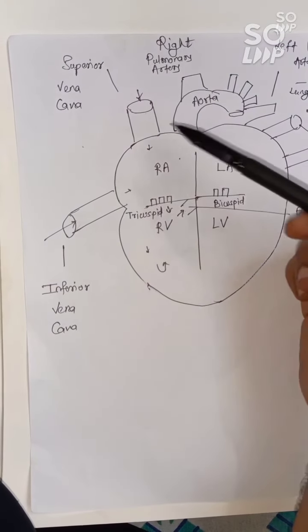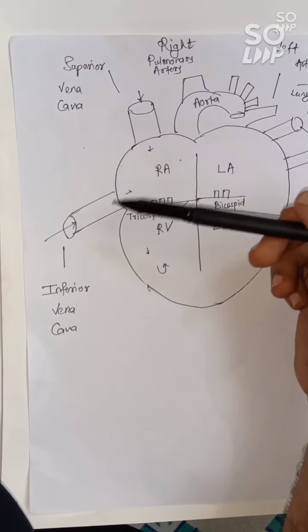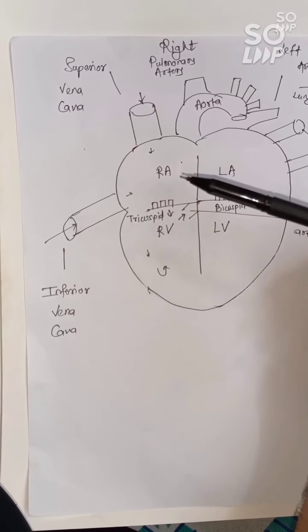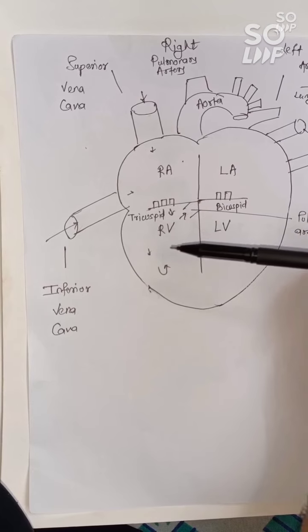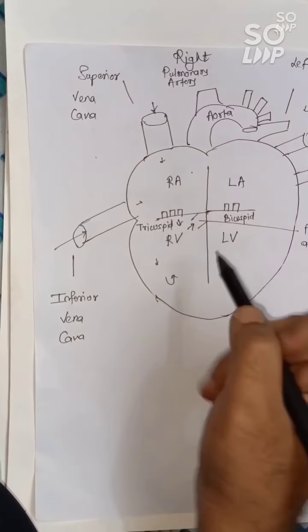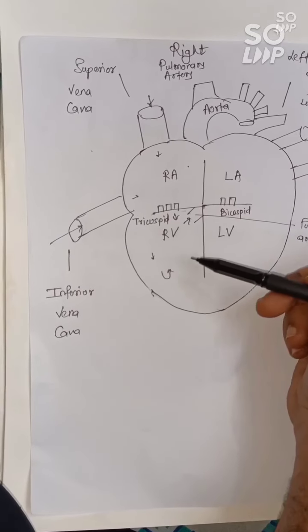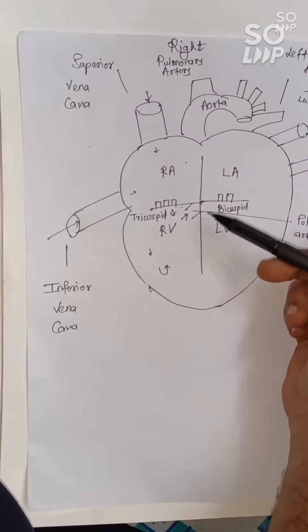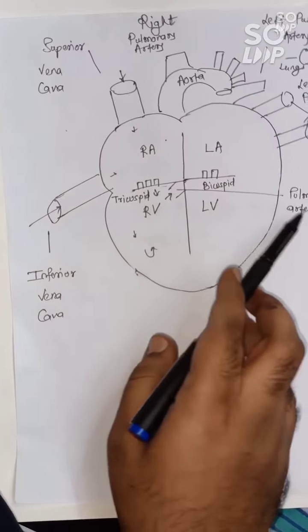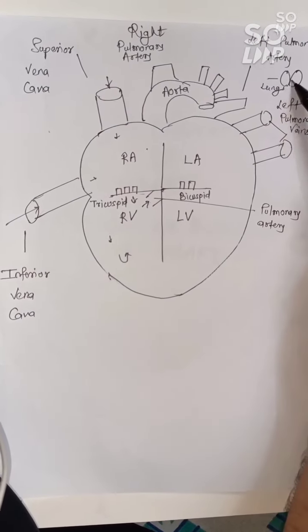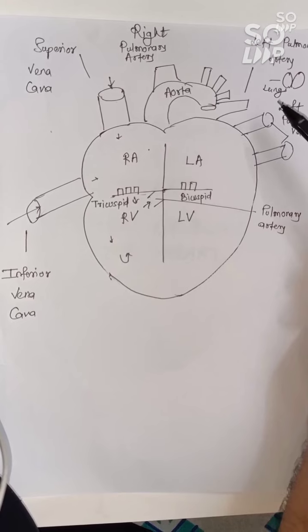From the right atrium, the blood which is collected from the superior and inferior vena cava, the deoxygenated blood, goes into the right ventricle through the tricuspid valve, and from here it is passed through the pulmonary artery into the lungs for oxygenation.